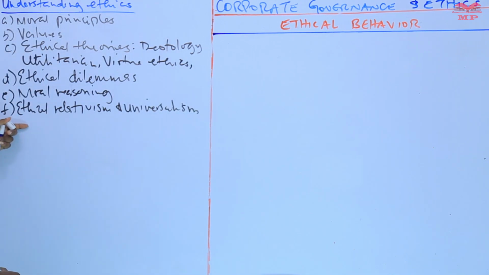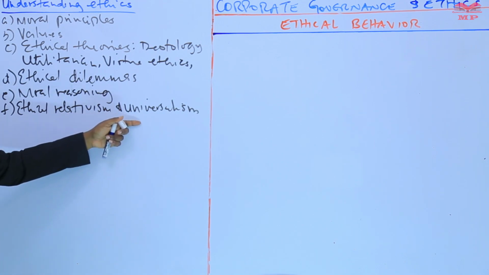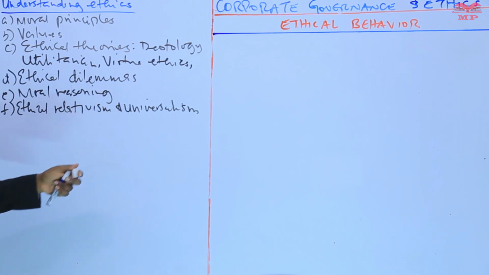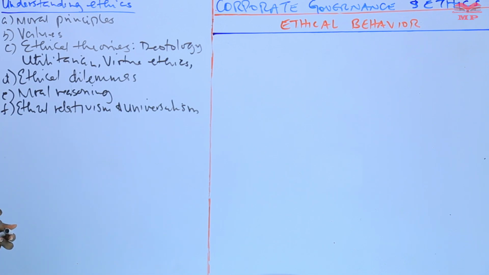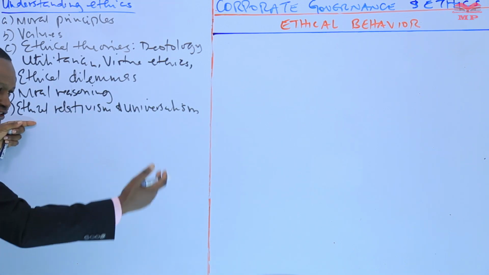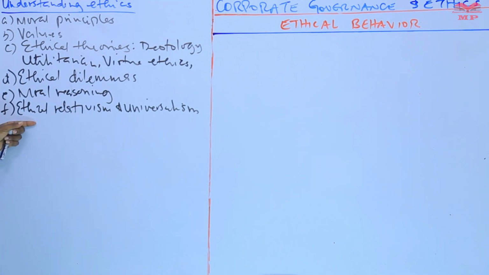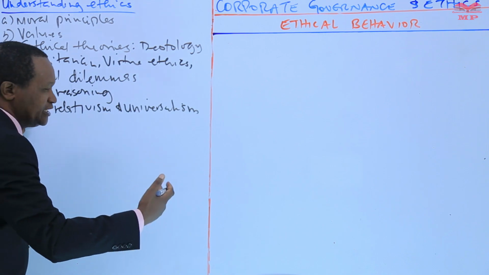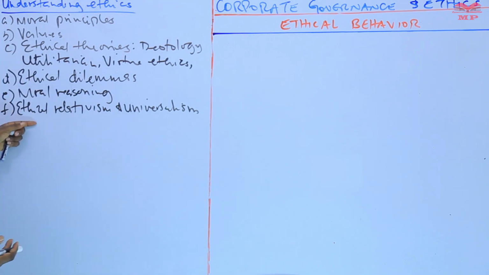Ethical relativism and ethical universalism. This is another aspect that can help one to understand ethics. Now, there is an ongoing debate about whether ethical principles are relative to specific cultures or are universally applicable.